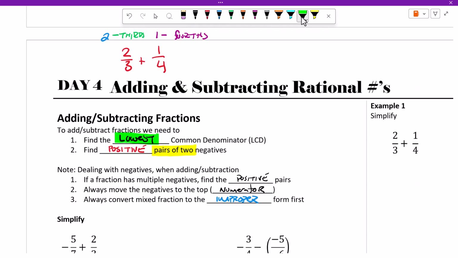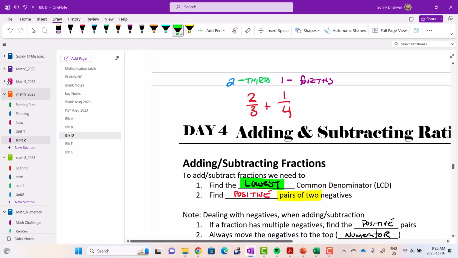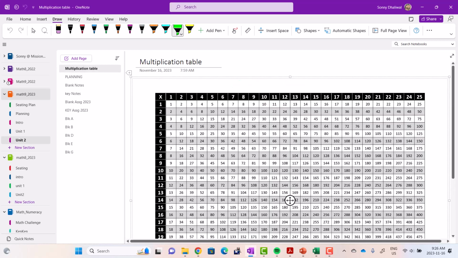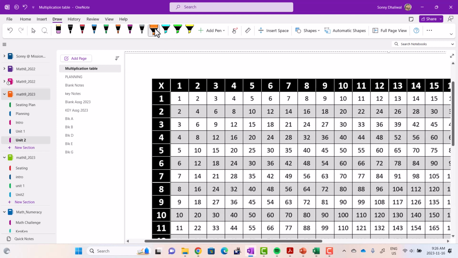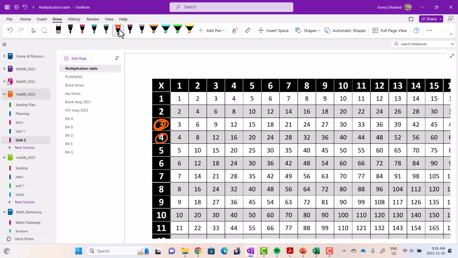Remember doing that? Yes? 12. Remember we grabbed our multiplication chart and we went, here's the number 3, here's the number 4. We look across, find the multiple that's the same. There's 12, right? There's also other ones.